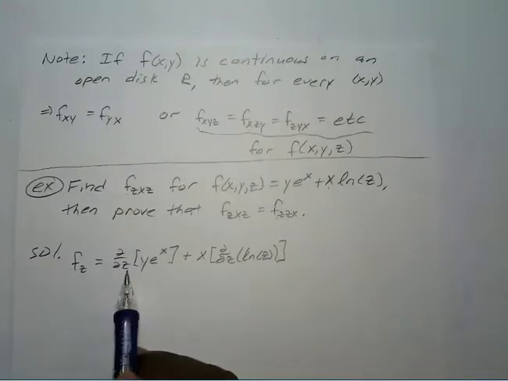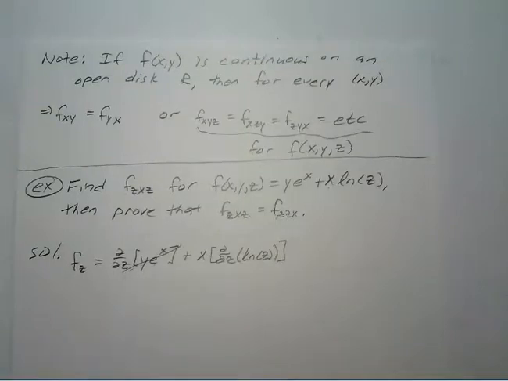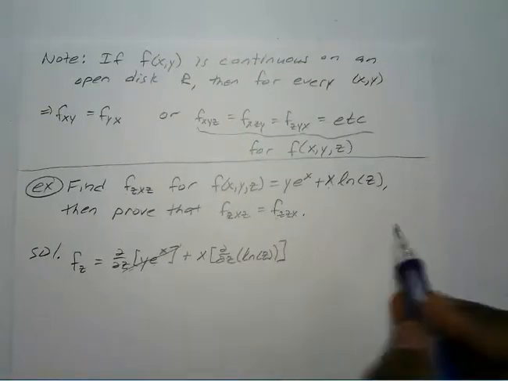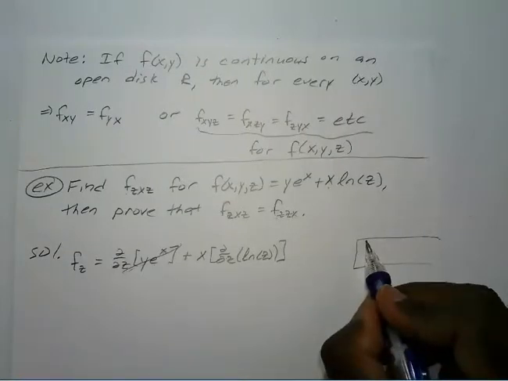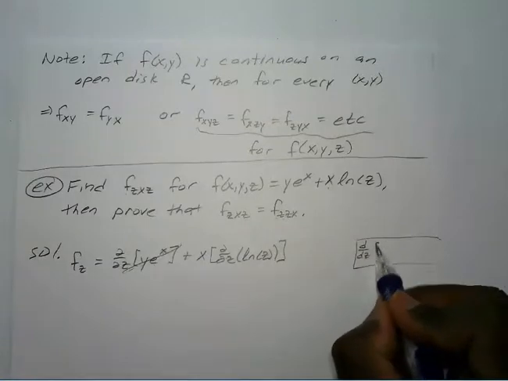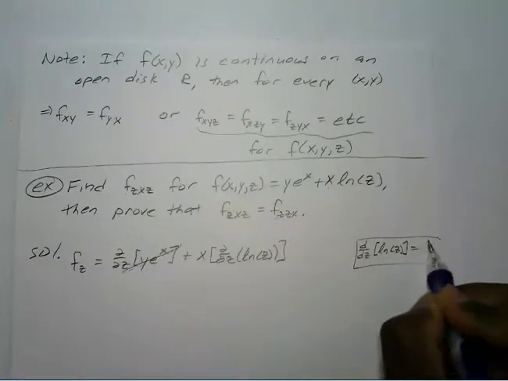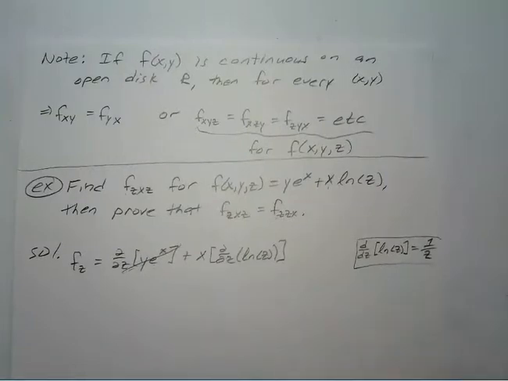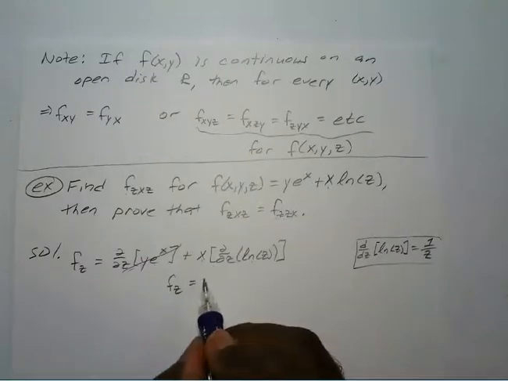So the derivative with respect to z of a constant is just 0. We know the derivative with respect to z of natural log of z equals 1 over z. So you have x times 1 over z, so the partial with respect to z is just x over z.